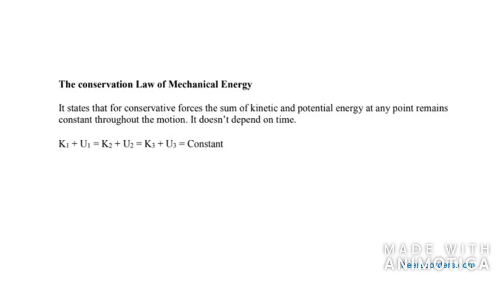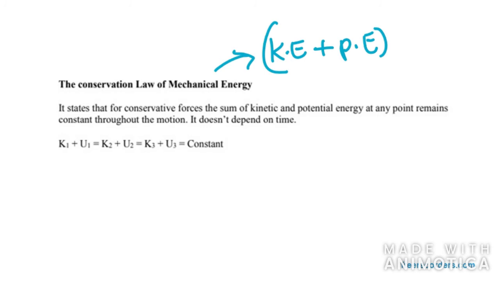Now the last topic is the law of conservation of mechanical energy. Mechanical energy, as you know from the last slide, involves kinetic energy and potential energy. When we take mechanical energy into account, kinetic energy and potential energy are conserved, as it doesn't depend on time.